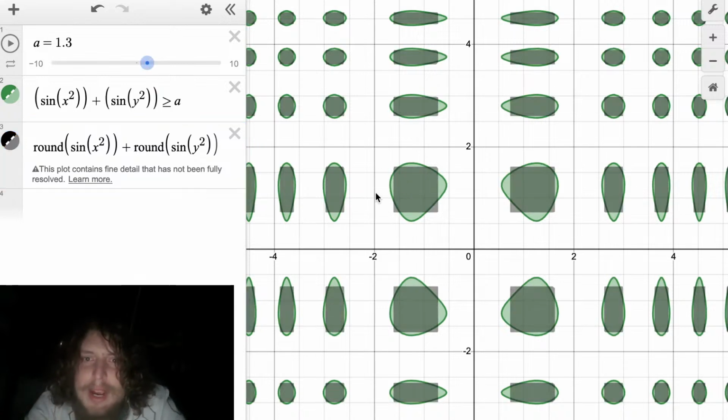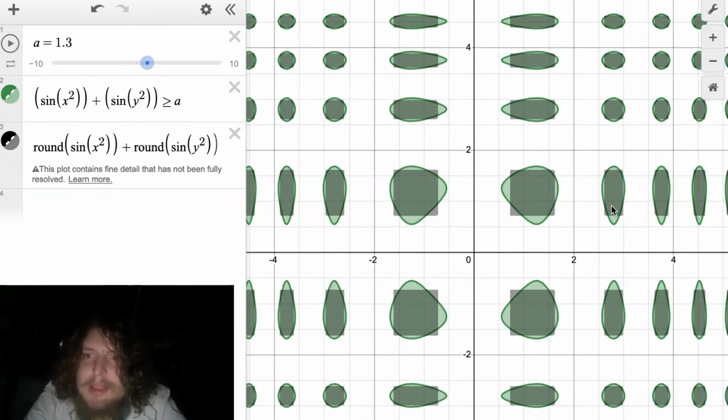Or I should say rectangles, because only some of them are squares. In fact, you'll notice that the way they get smushed as they go different directions makes the squares lie on diagonals. So the ones that are perfect squares are the ones that intercept the line y equals x or y equals negative x.